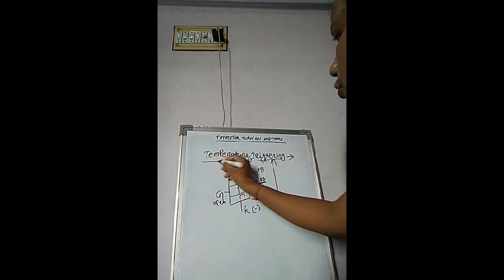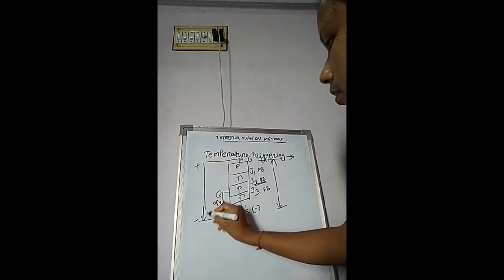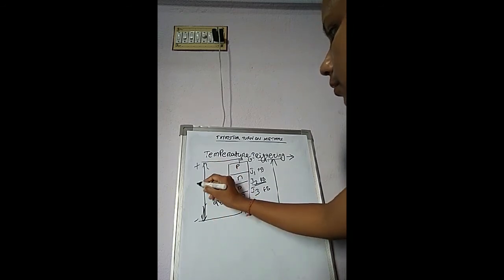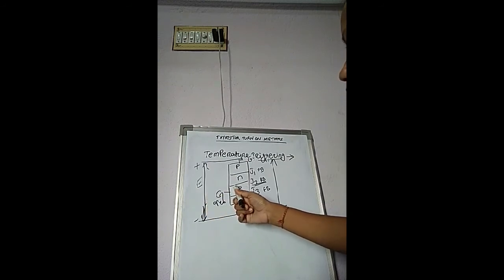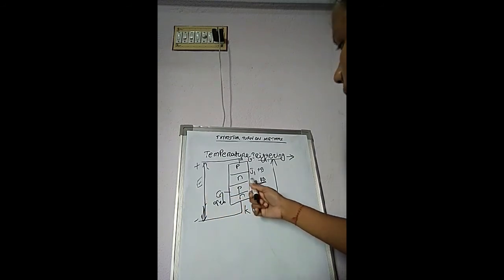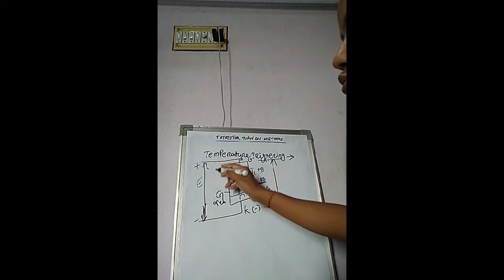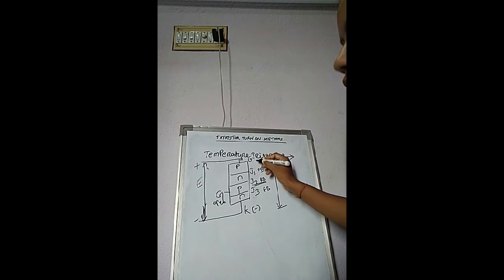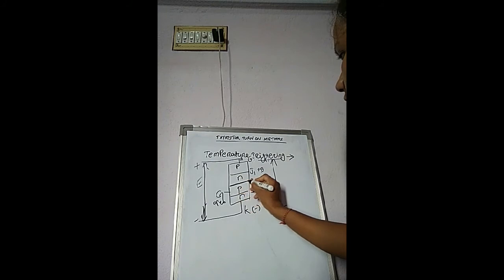Whatever voltage we apply across anode and cathode, that total voltage is blocked by junction J2 because J2 is reverse biased. This junction will not allow the flow of current, or flow of charge carriers, because at this junction there is a depletion layer.